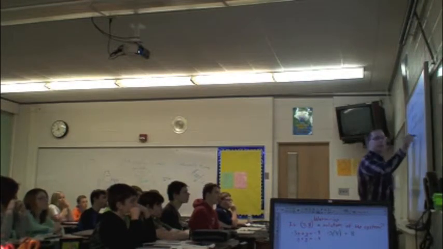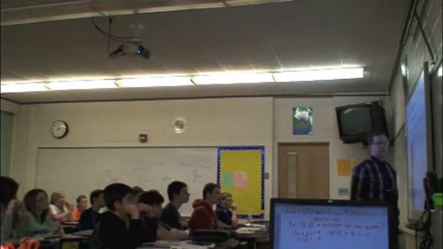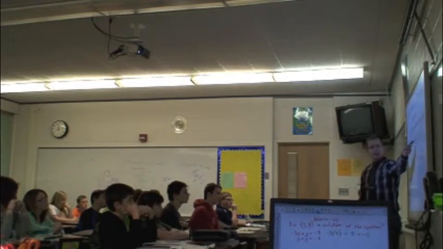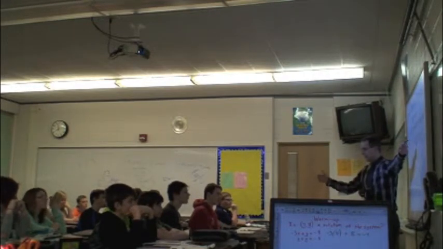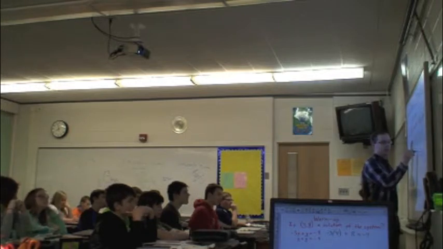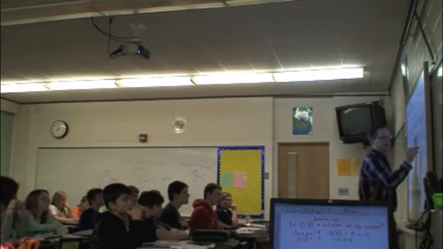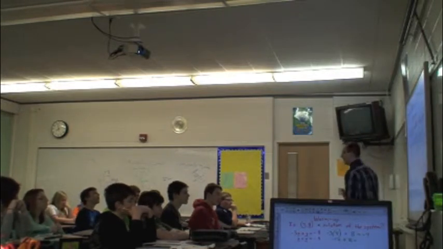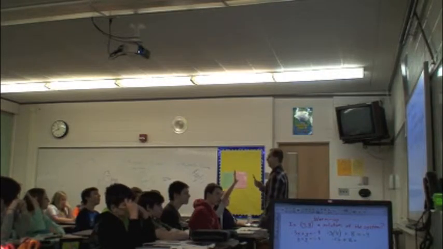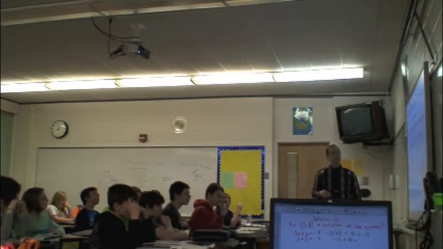That's equal to negative 4. Now the question is, negative 3 times 4, what is that? Negative 12. Okay, good. So we have a negative 12, and then we add 8. Now, what does negative 12 plus 8 equal? Matthew? Negative 4.